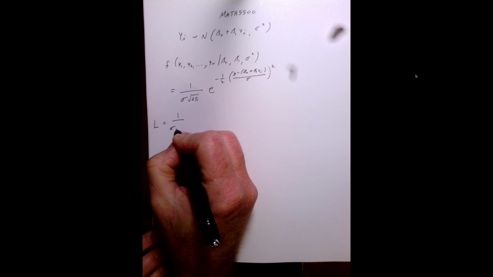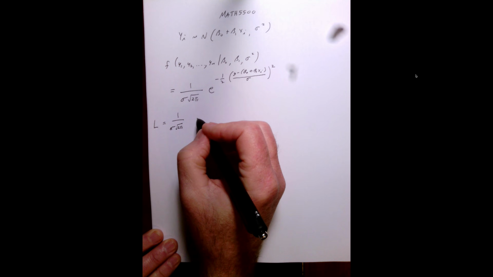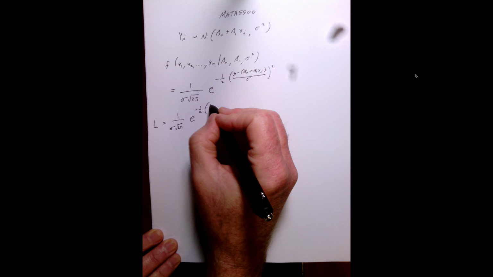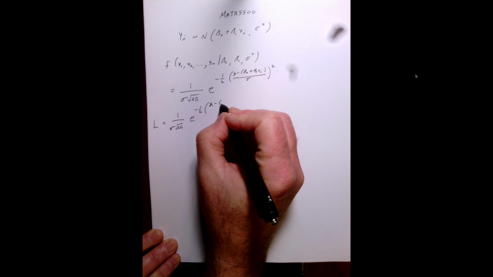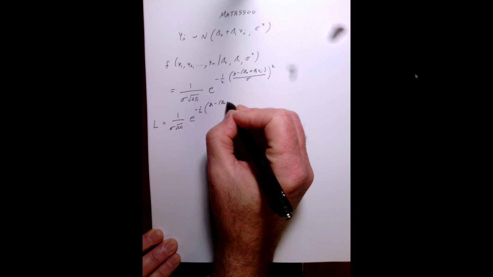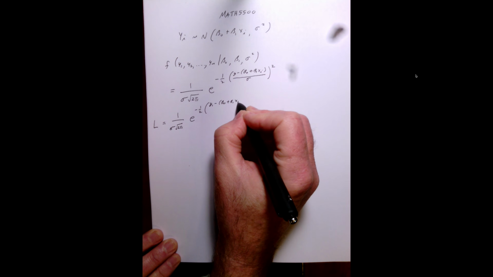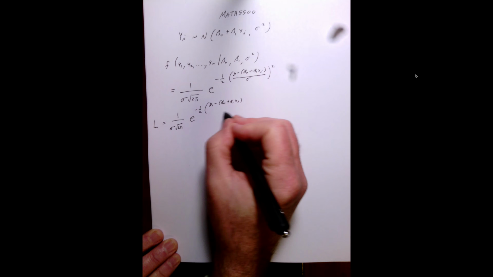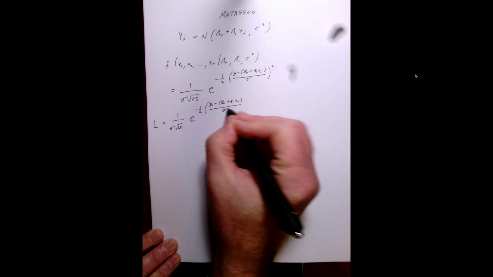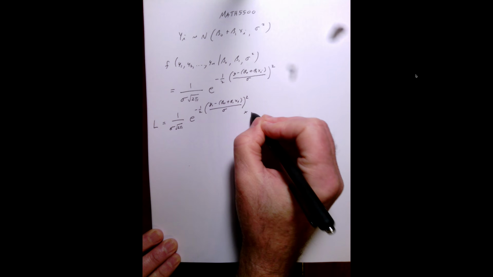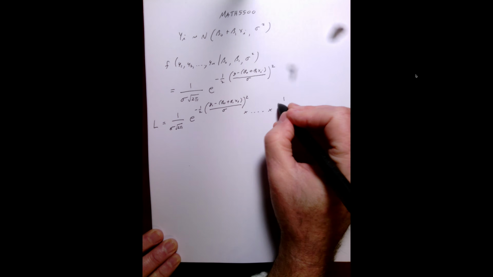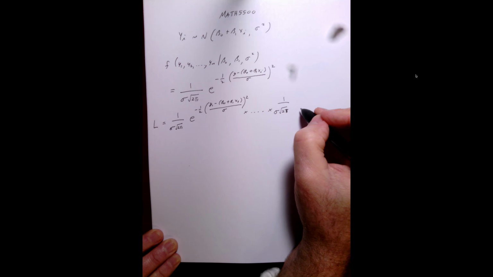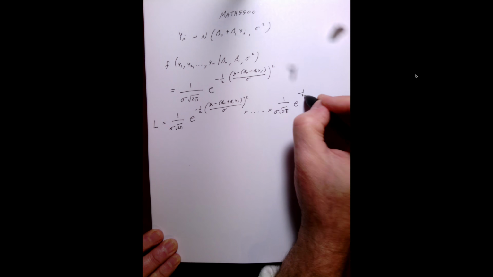So we have 1 over sigma square root of 2 pi, e to the minus 1/2 of y1 minus beta 0 plus beta 1 x1. These are not i's. This is actually our first data point. And then we'll go out to our last data point.